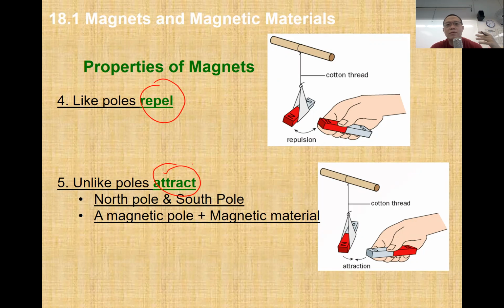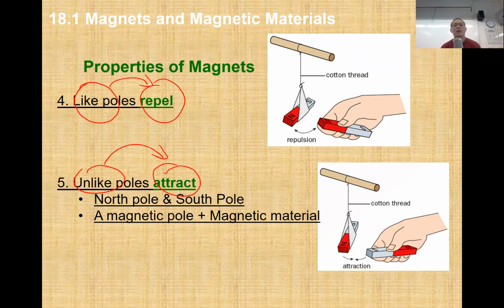And the reason commonly, if it's due to magnetism, the keywords that we always like students to use are like poles repel, or unlike poles attract. This tells the marker that the students know that the repulsion is caused by the inherent property of them being the same pole, like north or south poles.